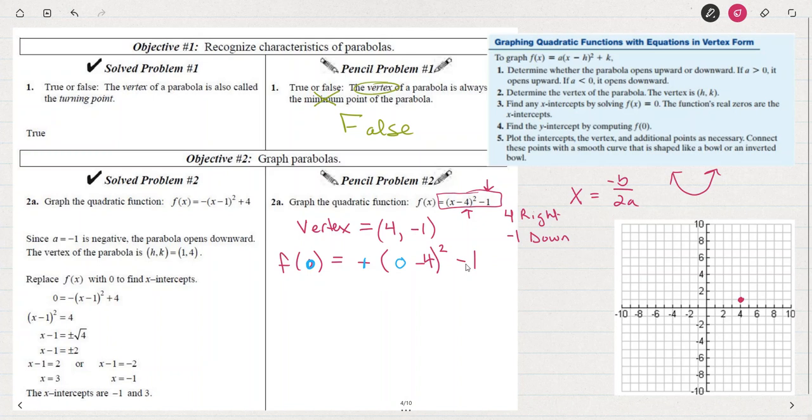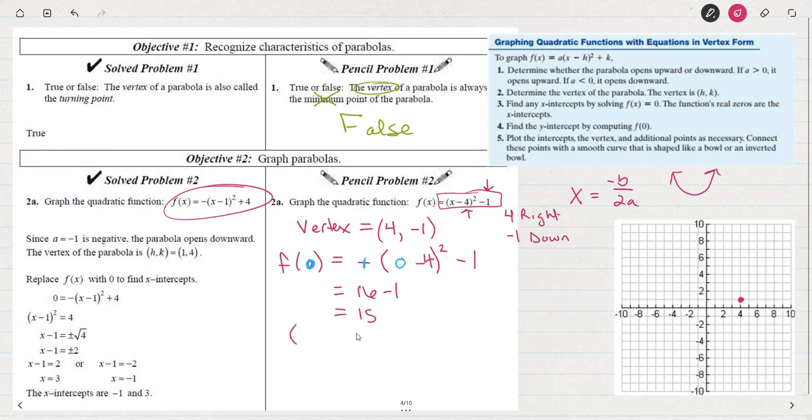I think I was copying the example over here. Sorry about that. And if we simplify that, we'd get -4 times -4 is 16, and 16 minus 1 is 15.